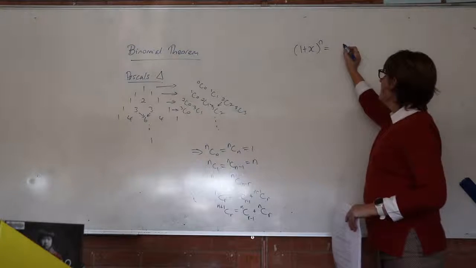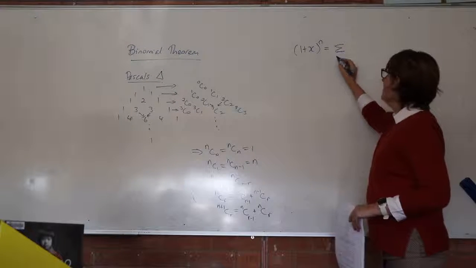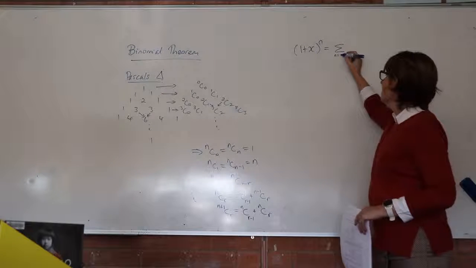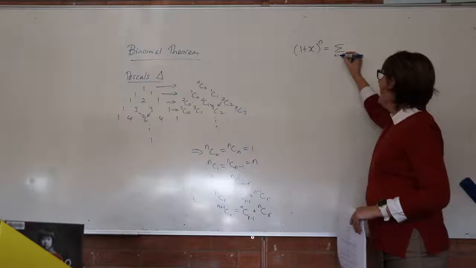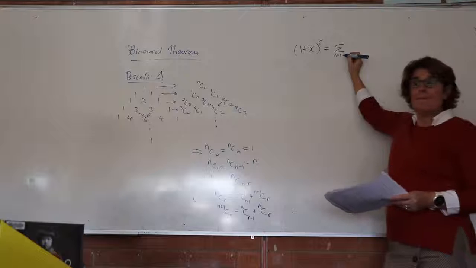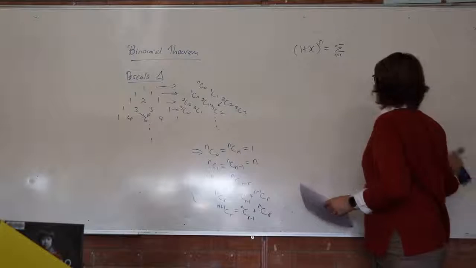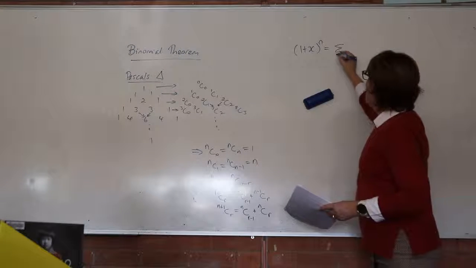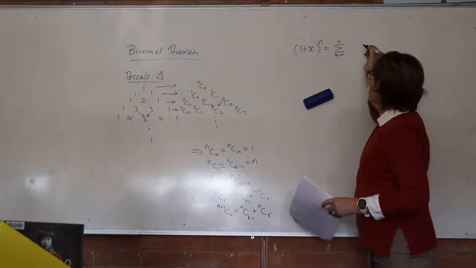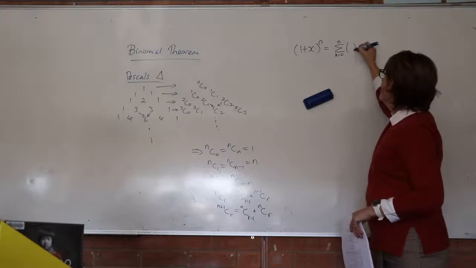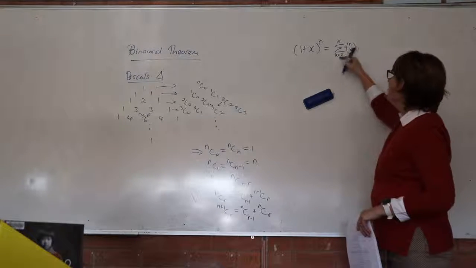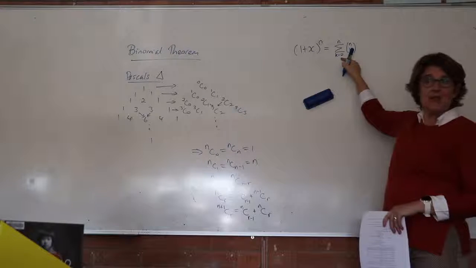It was equal to the sum from k equals 0 up to n. What was the coefficient? nCk, because it was whatever number we're putting in at that time.